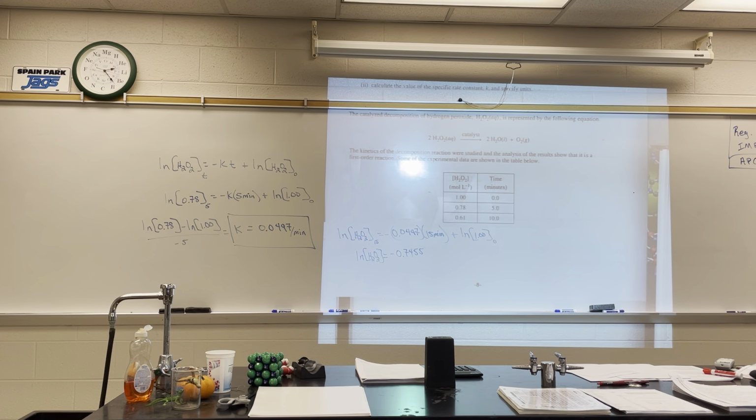Okay, and then put in 0.78, and then close the parenthesis. Okay, minus natural log 1, close the parenthesis. Say equals, and then take that divided by negative 5.